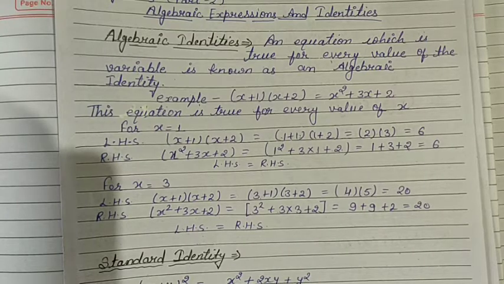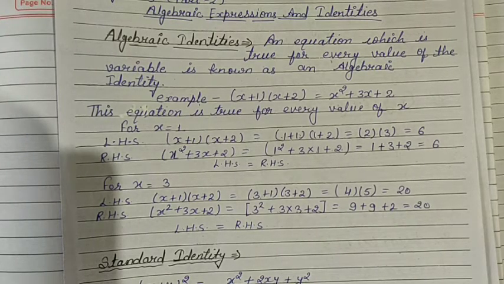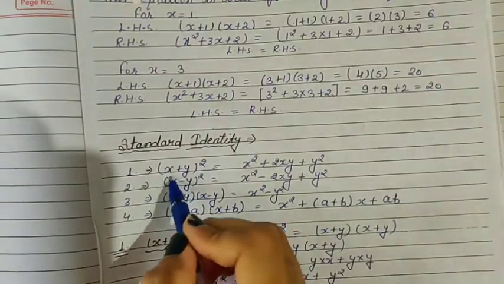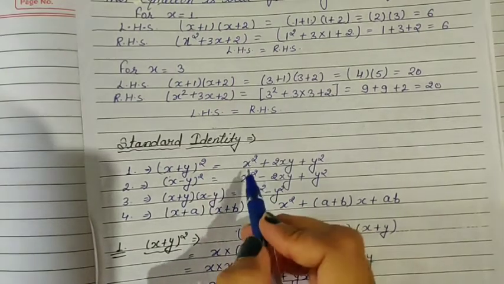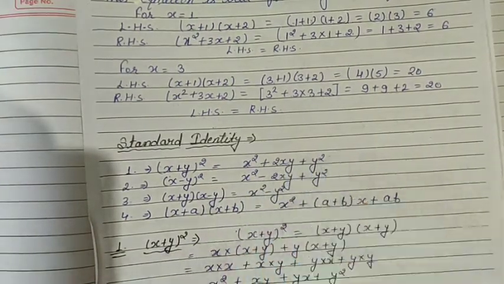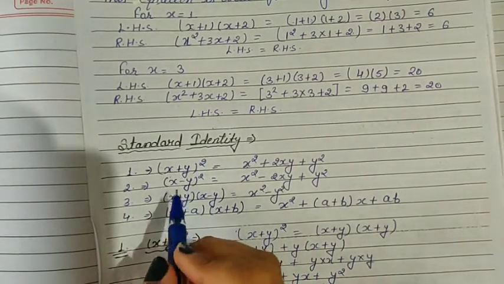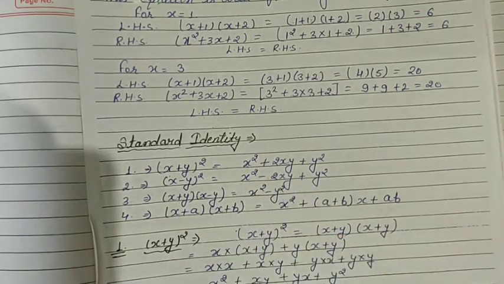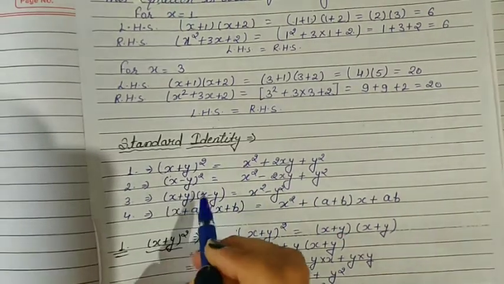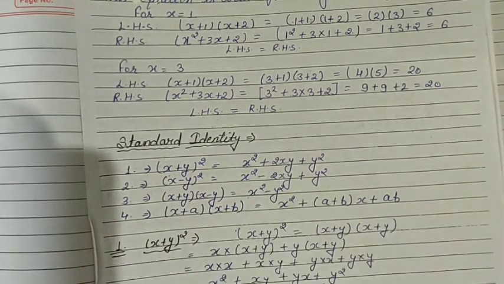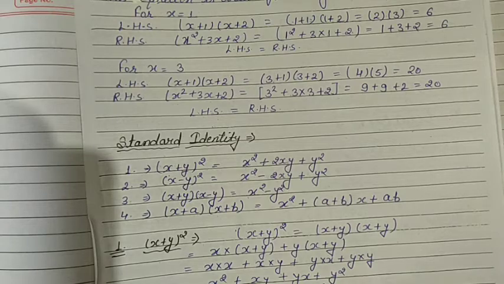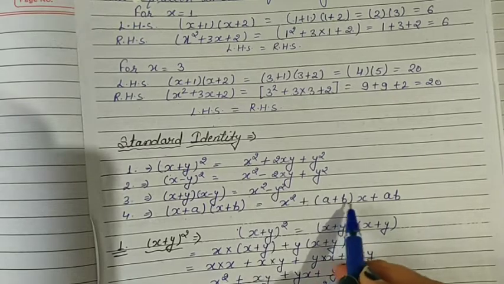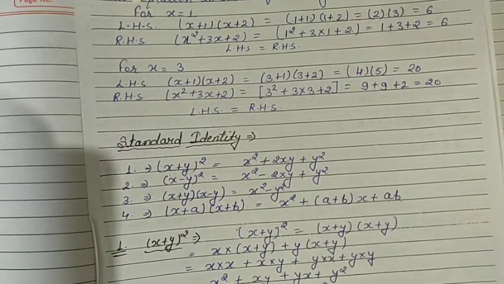Students, in this class we will discuss 4 standard identities. Those identities are: (x + y)² = x² + 2xy + y², and (x − y)² = x² − 2xy + y², and (x + y)(x − y) = x² − y², and (x + a)(x + b) = x² + (a + b)x + ab.